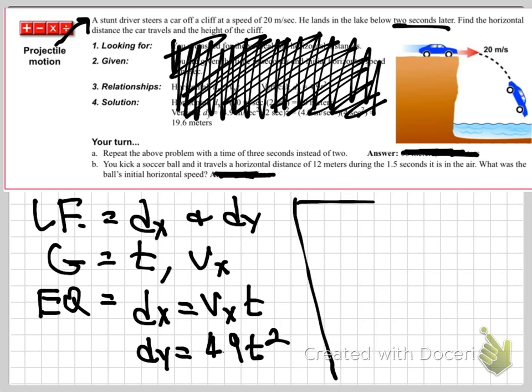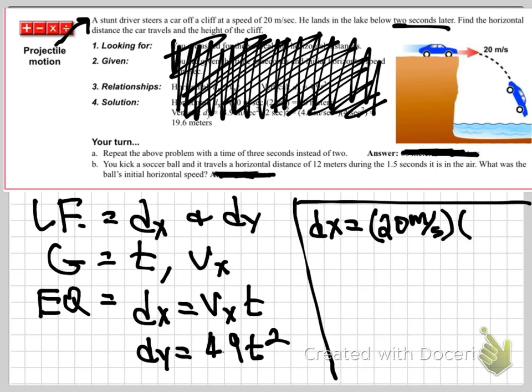So to solve that, our horizontal distance, dx, equals 20 meters per second times 2 seconds. It was in the air for 2 seconds. So he went 40 meters horizontally. Okay, it was in the air 2 seconds, at the constant speed of 20 meters per second. Remember, it doesn't change horizontally. So he went 40 meters in the x direction.